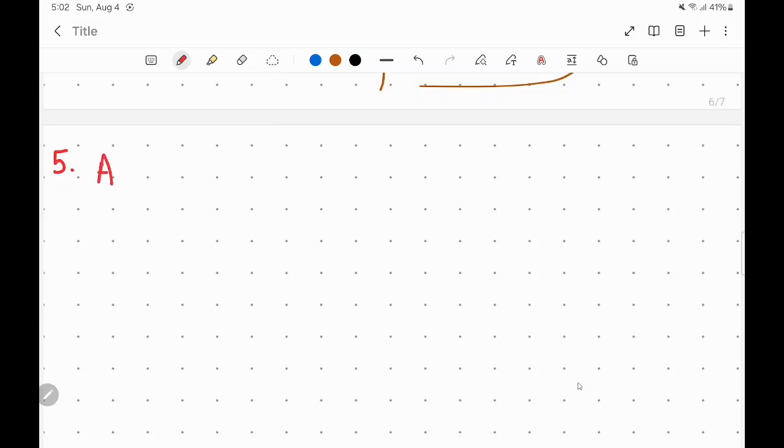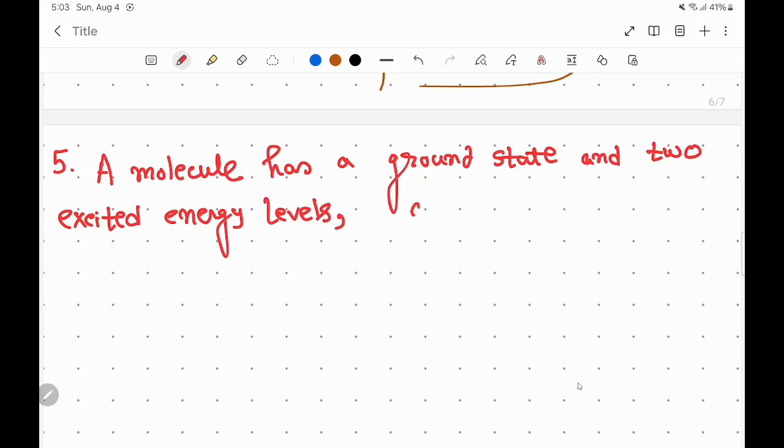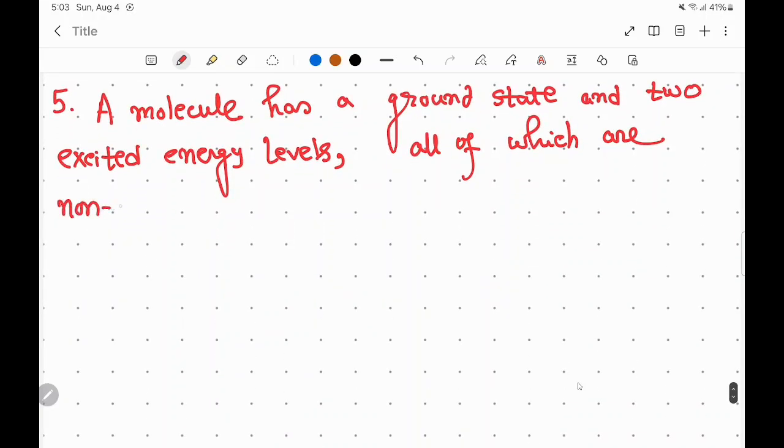This type of question we already did in the last class, but still: one molecule has a ground state and two excited states, three energy levels, all of which are non-degenerate.